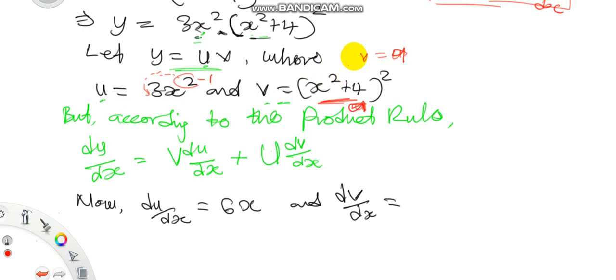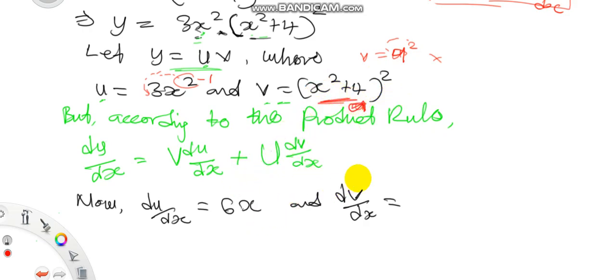So v is now going to be equal to a squared. We are going to find the derivative of this and then multiply it with the derivative of a itself, the inside function. This is what we do with the chain rule, remember?